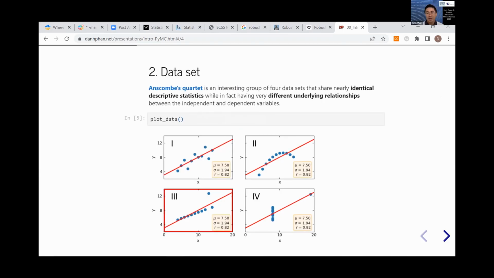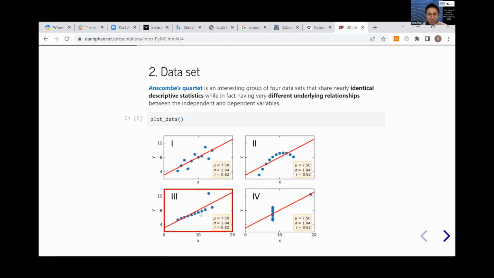So let's start with an example. Today I will use the famous Anscombe's quartet, which is a group of four data sets that have identical descriptive statistics. You see that these four data sets have similar mean, standard deviation, and correlation.